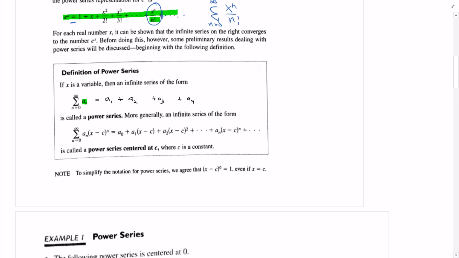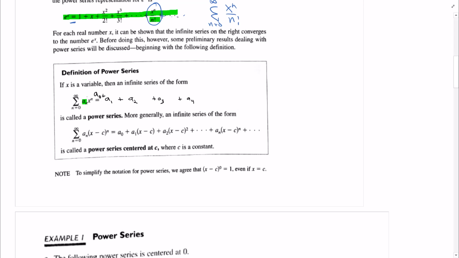With the power series, what we're doing is we're adding a variable to that. So we're adding an x to the nth power. I'll go ahead and do it like this. Oh shoot, I messed this up, because we start at 0, so it should be a to the 0 plus a to the 1.